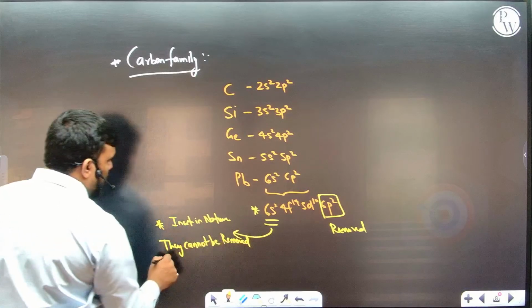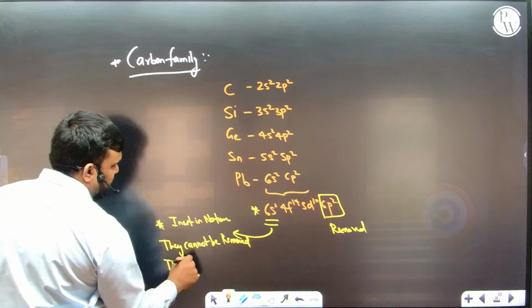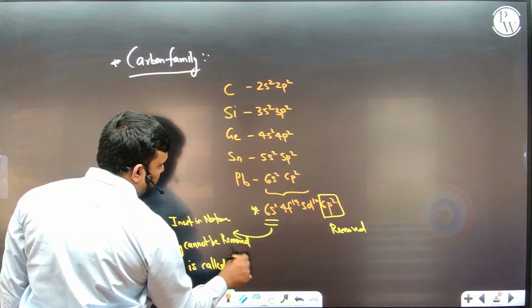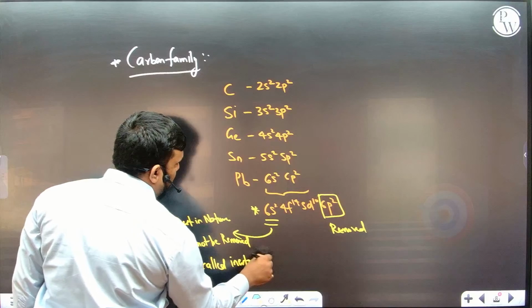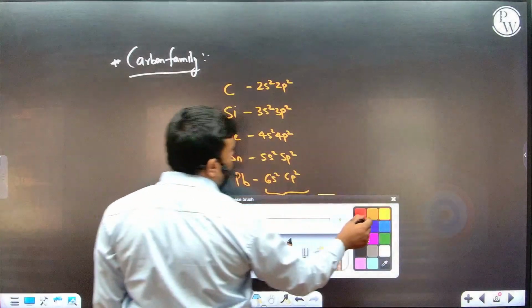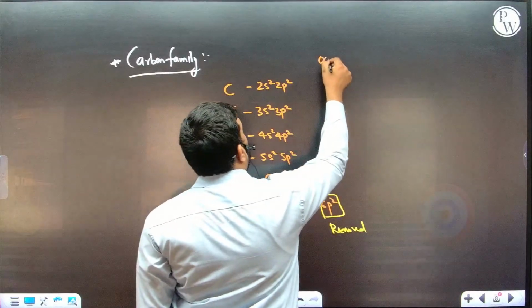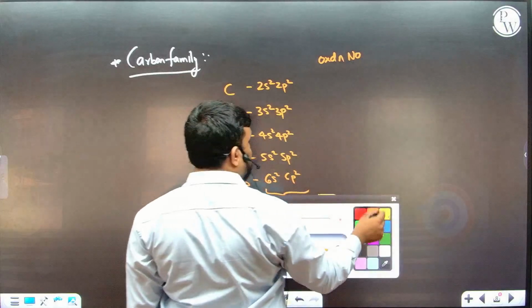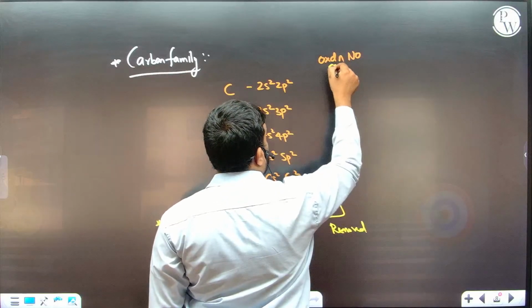And this is called the inert pair effect. So you can see, if you talk about oxidation number over here, what will happen? You can see the most stable one. I am writing the stable one.